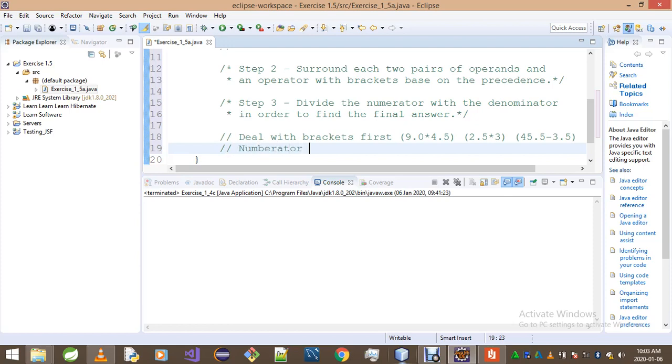Numerator. In fact, I can copy and paste this.